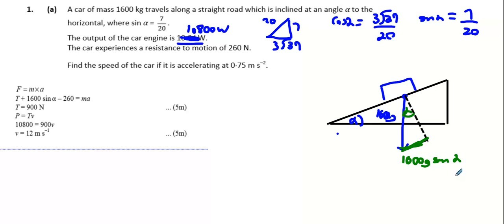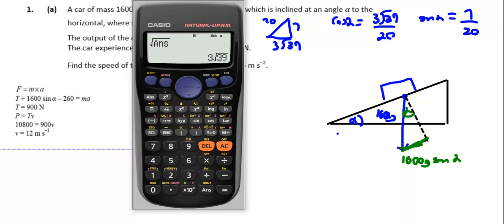Okie dokie. Now, what is 1,600 G sine alpha? So it's 1,600 multiplied by 9.8, and then sine alpha being 7 over 20. Press the equal sign there.